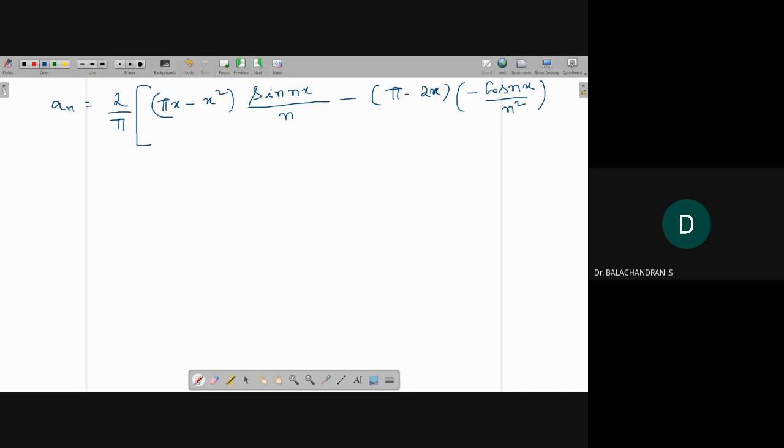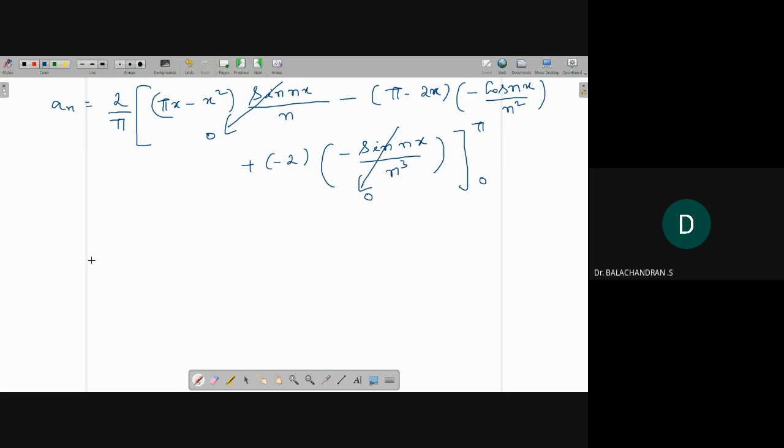If you differentiate this, you have plus minus 2, and if you integrate minus cos nx by n square, you have minus sin nx by n cube. Limit is from 0 to pi. So the first term and the third term are 0. So only have the second term.